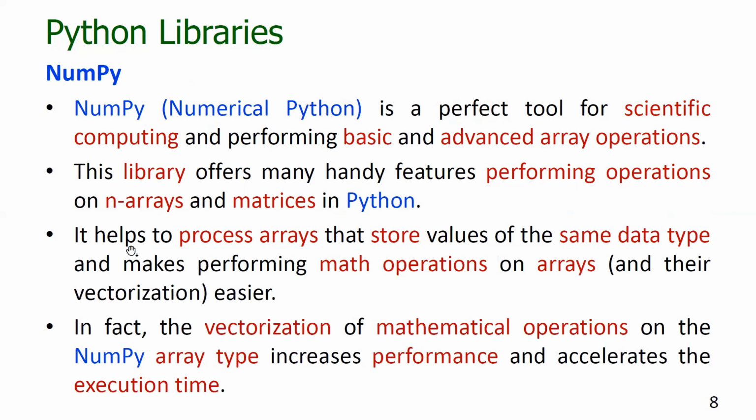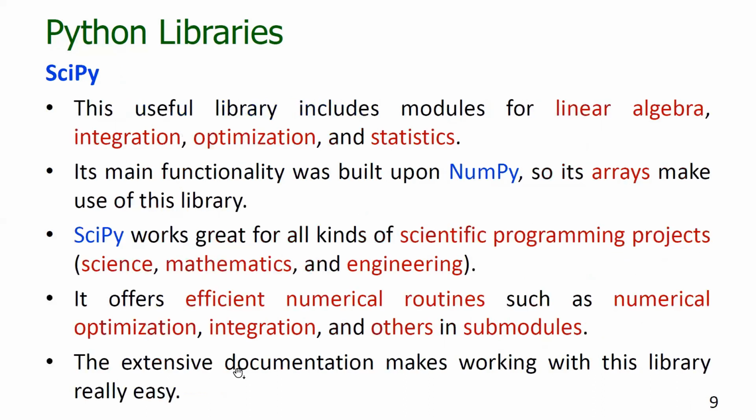It also helps to process arrays that store values of the same data type and makes performing math operations on arrays and their vectorization easier. In fact, the vectorization of mathematical operations on the NumPy array type increases performance and accelerates the execution time.